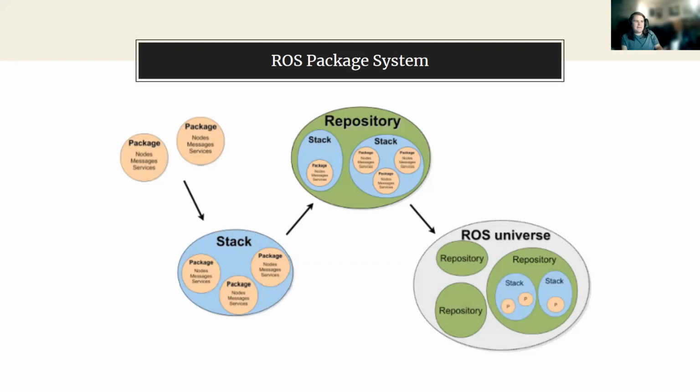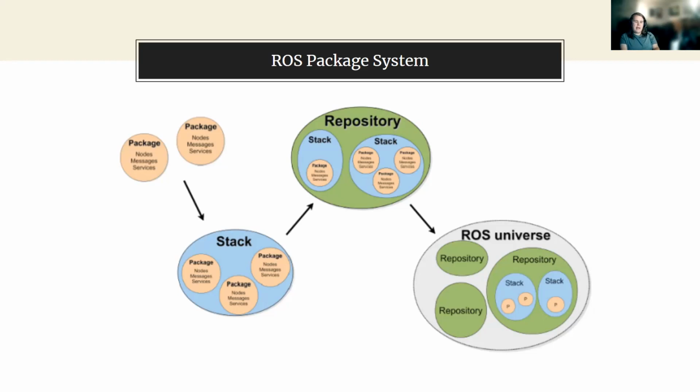One of the stacks that I'm super familiar with is the navigation stack. That's all of these packages that would help you navigate a robot: path planning, SLAM, all these different kinds of things that might help you move a robot around autonomously or teleop-wise. A repository is an even bigger collection. It might have multiple stacks. And I think that would be like a full robot almost.